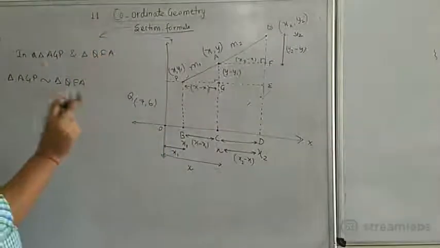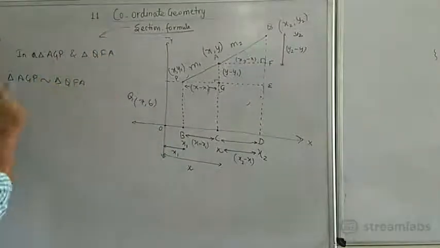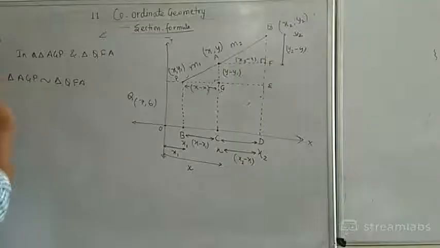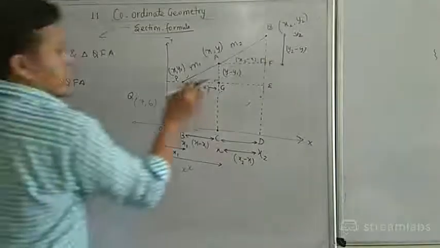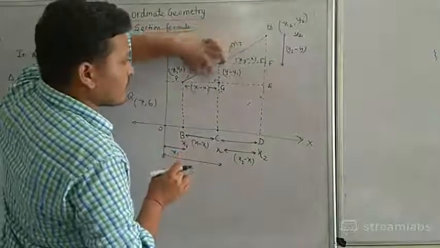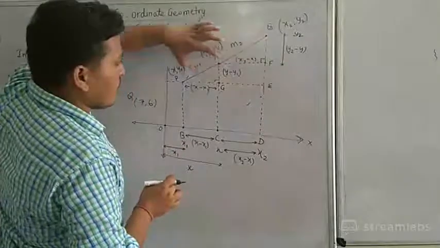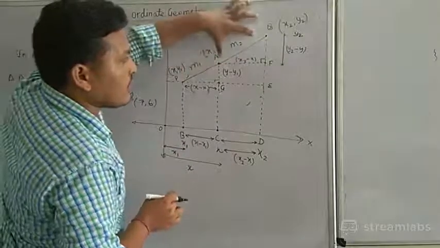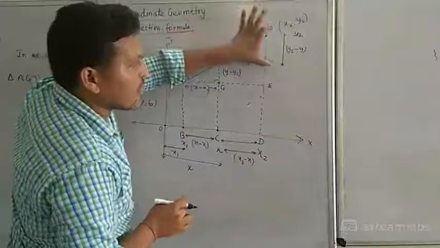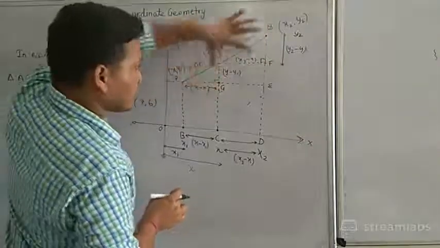So if the two triangles are similar, one condition is here: the ratio of the corresponding sides, मतलब एक जैसे लग रहे हैं, तो इसका corresponding side कौन सी होगी? ये होगी जो एक जैसी दिख रही है, perpendicular, this perpendicular, base.